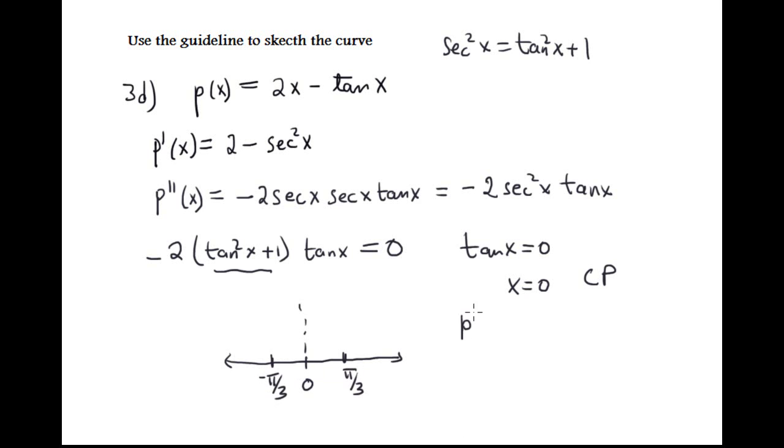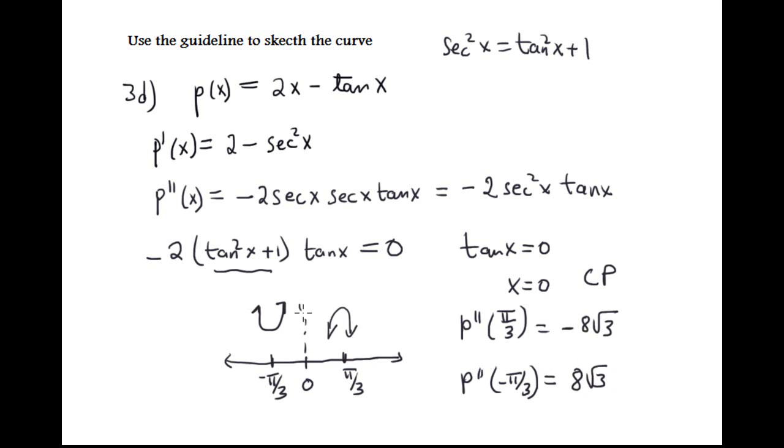The answer at pi over 3 is negative radical 3, it's negative, so concave down. At negative pi over 3 it's radical 3, positive, concave up. So this is an inflection point. The inflection point, by the way, is 0, 0. So 0, 0 is the x-intercept, y-intercept, and also the inflection point.